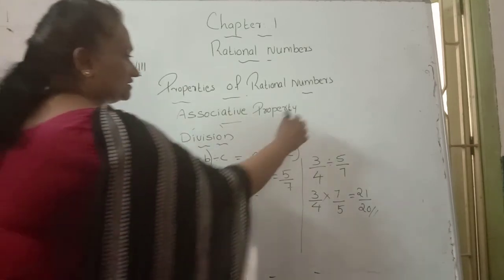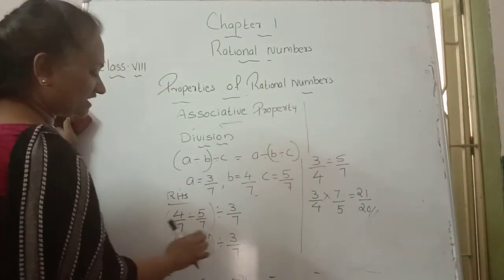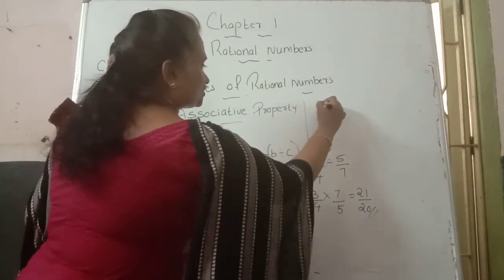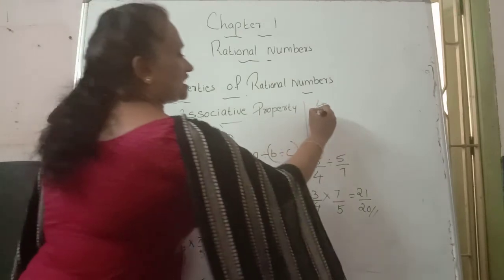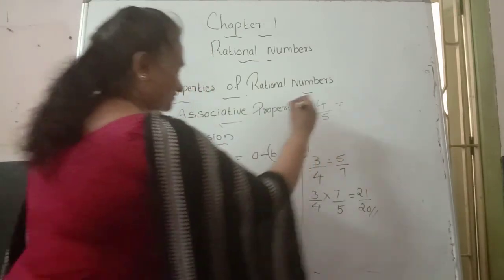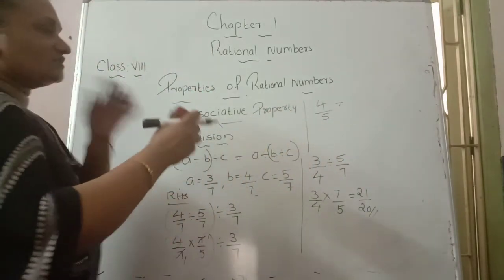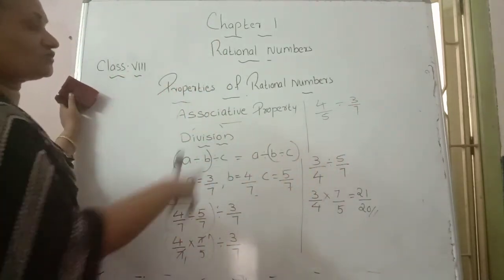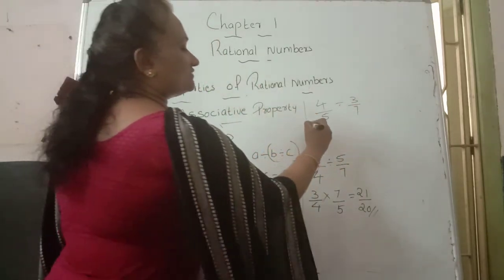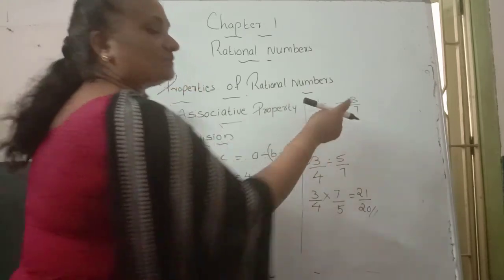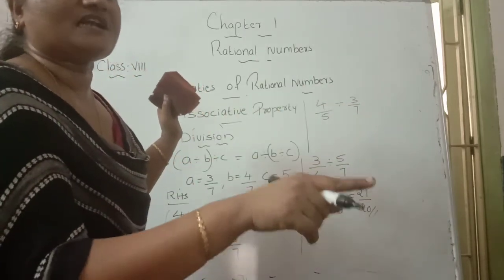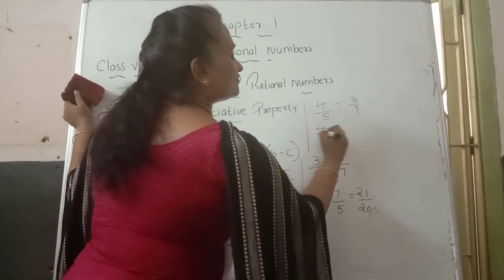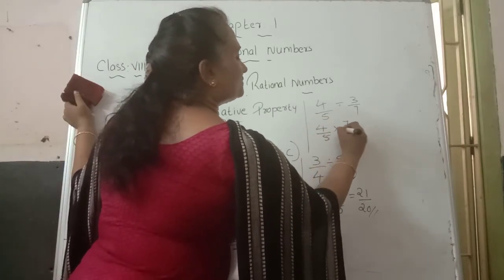Then for the remaining part, 4 into 1 becomes 4, and 1 into 5 becomes 5, divided with our A value, 3 by 7. Again, division means we take the reciprocal of the second number and multiply. So 4 by 5 into 7 by 3.